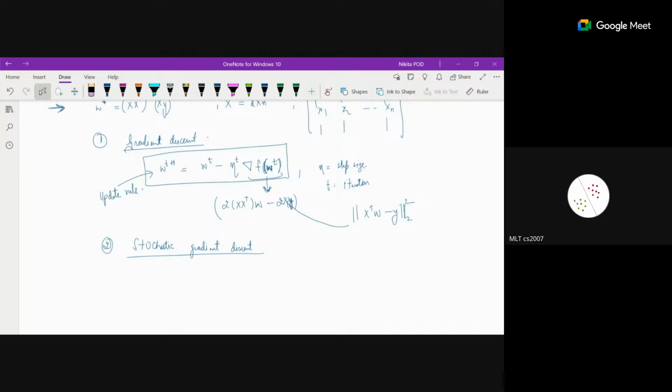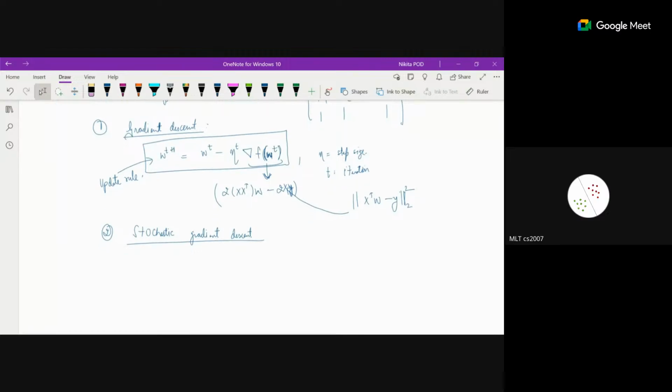Okay. So in stochastic gradient descent, what we do is we take a batch, a small sample you can say, from the data. We think of that batch as the entire sample, and then we perform the gradient descent over that batch.